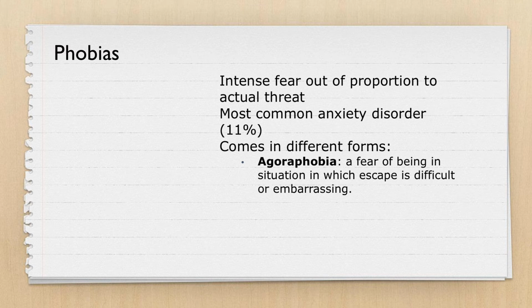Agoraphobia is a fear of being in a situation in which escape is difficult or embarrassing. Some people think it means you are afraid of crowds or public places, but this is a misconception. It's just a fear of being in any sort of inescapable or embarrassing situation.